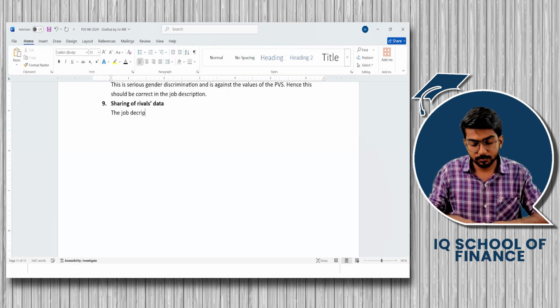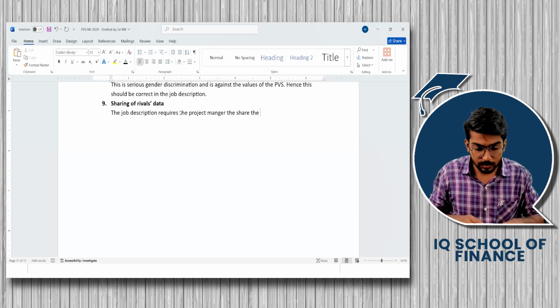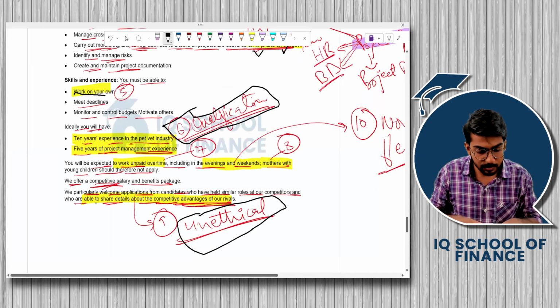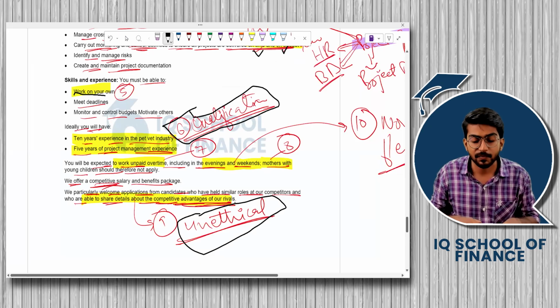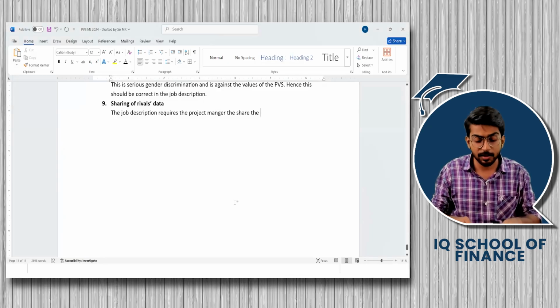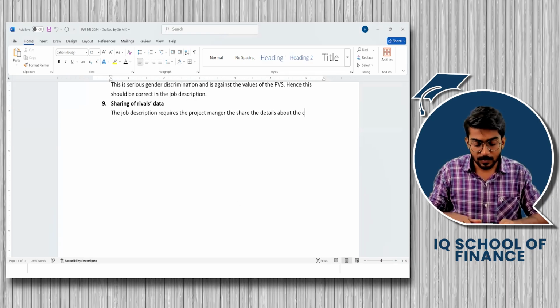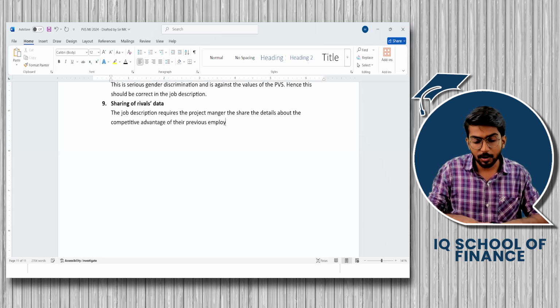The job description requires the project manager to share the details about the competitive advantage of their previous employer.